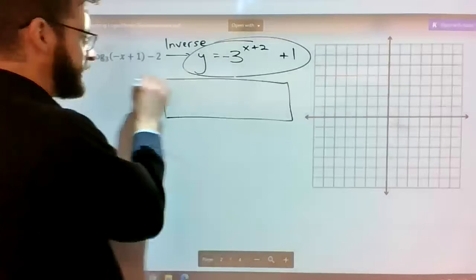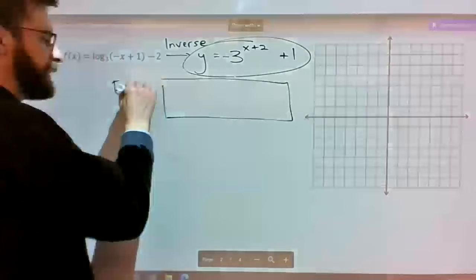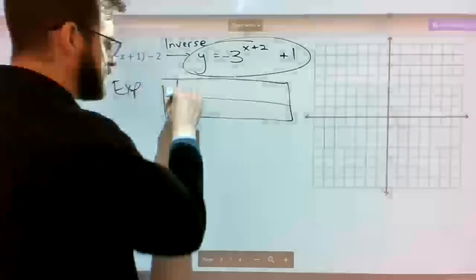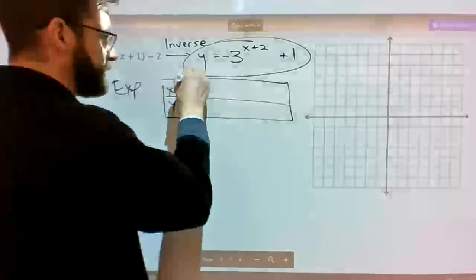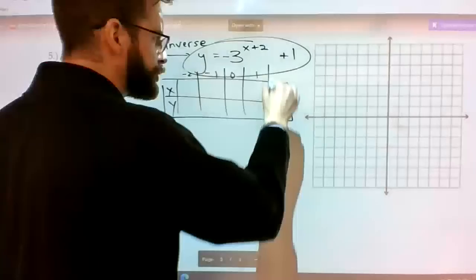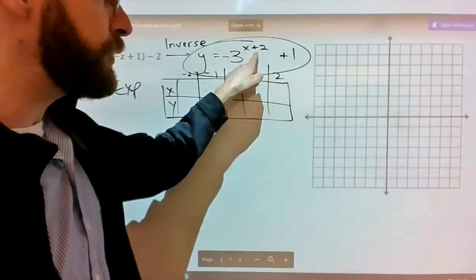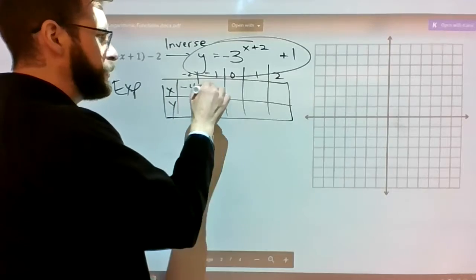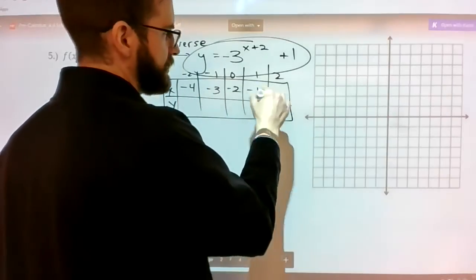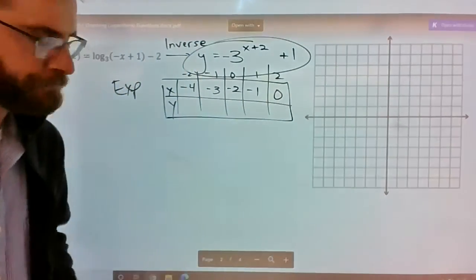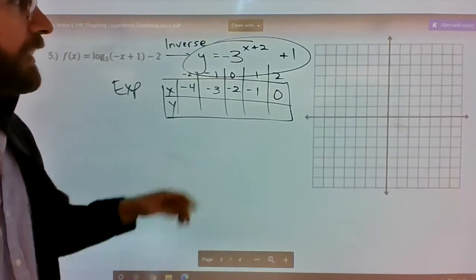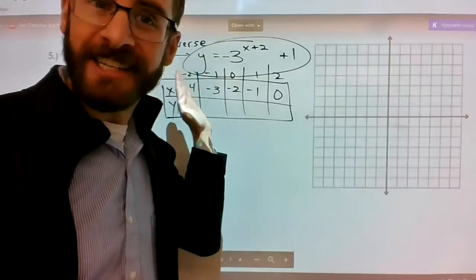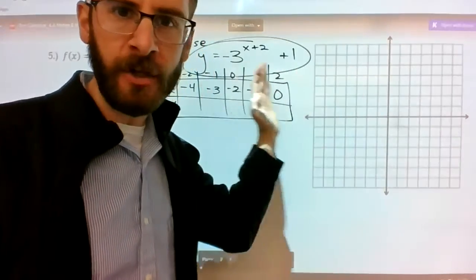The XY table for our exponential is going to be, well, it normally is going to be -2, -1, 0, 1, 2. But since it shifted left 2, we're going to take 2 away from each of these. That negative vertical reflection does not change the horizontal at all.